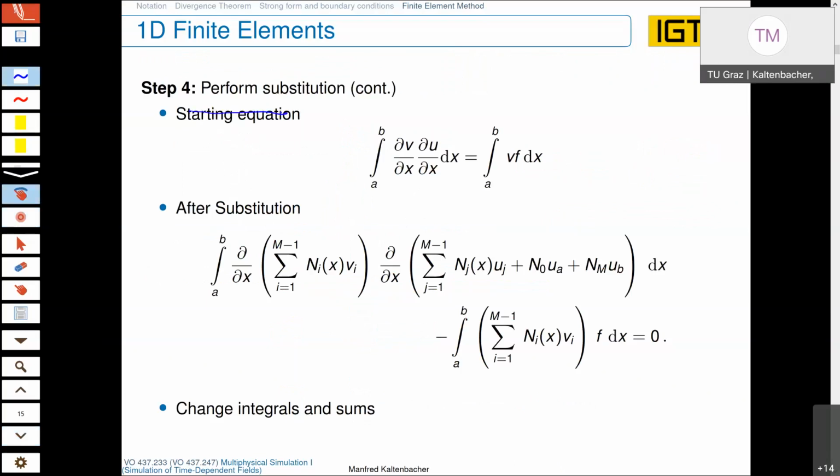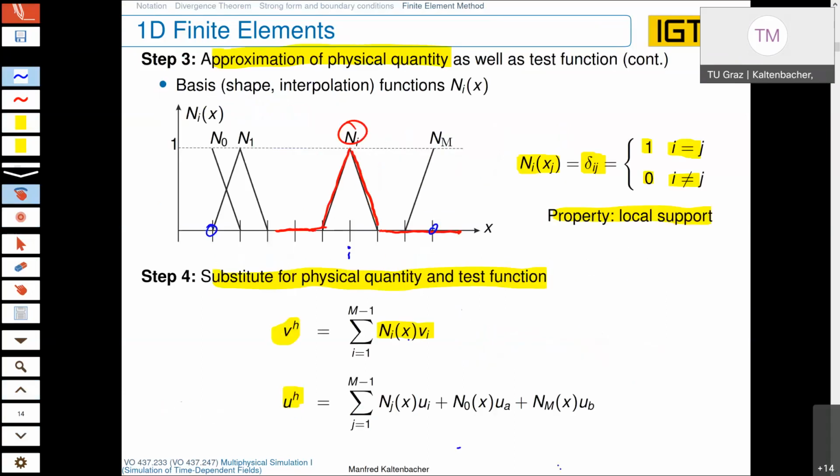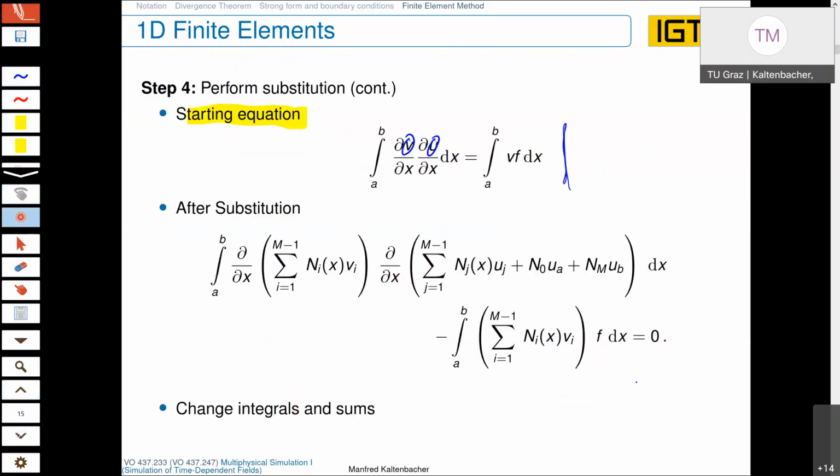So the starting equation is our weak form. That was the continuous one, still in the continuous space. And now we will approximate the test function v and the unknown u by this ansatz as shown here. Okay? That means we put it in.